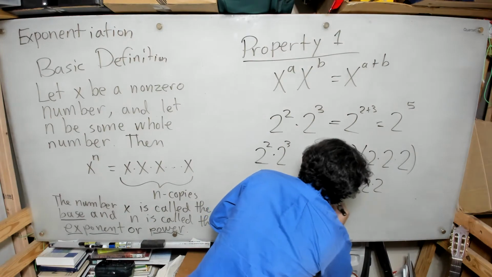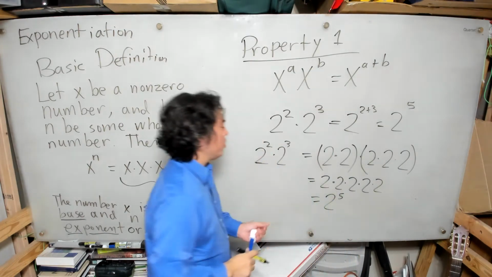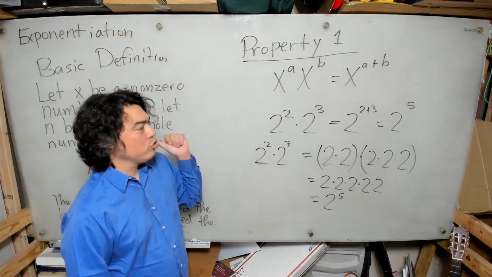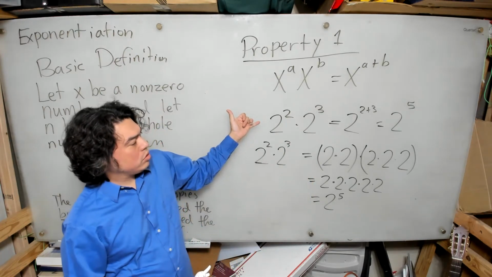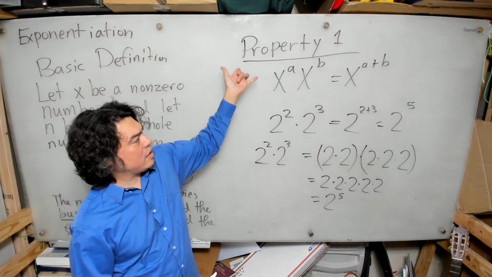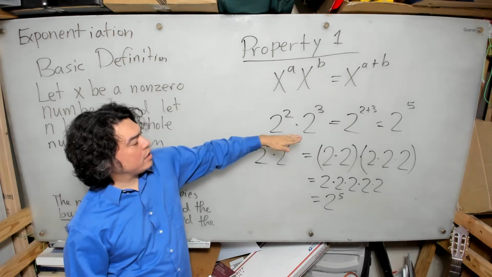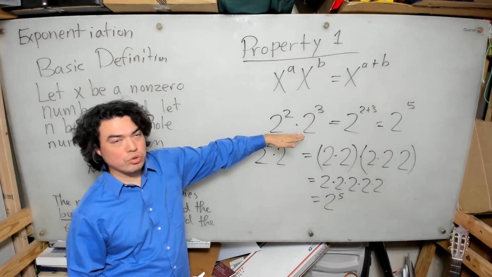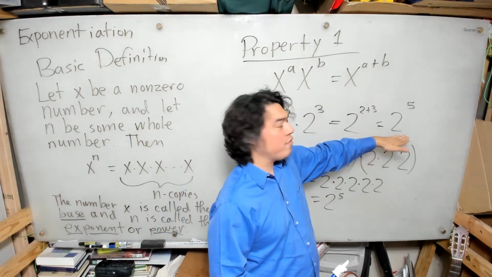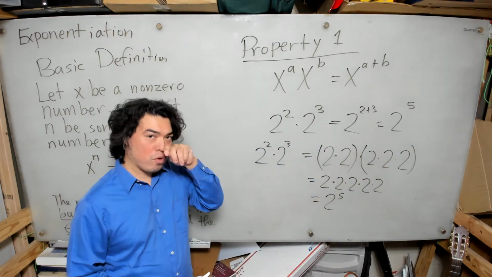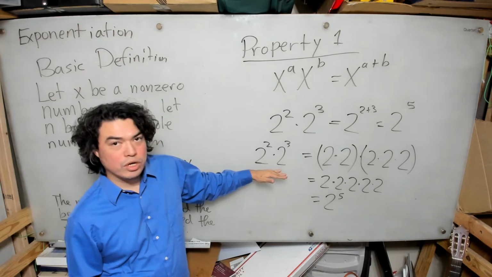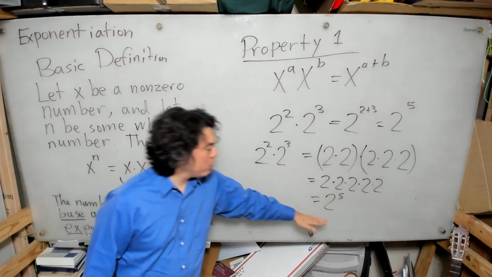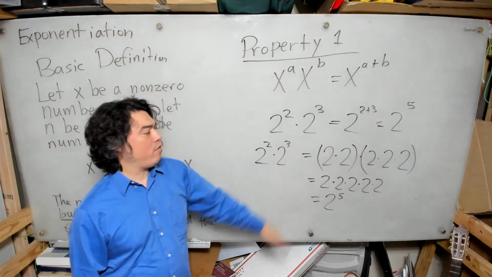Aha. So what we saw was that by using this rule, I can get 2 squared times 2 cubed equals 2 to the 5th in a very straightforward manner. If I follow the definition, I get 2 squared times 2 cubed equals 2 to the 5th by following this procedure.